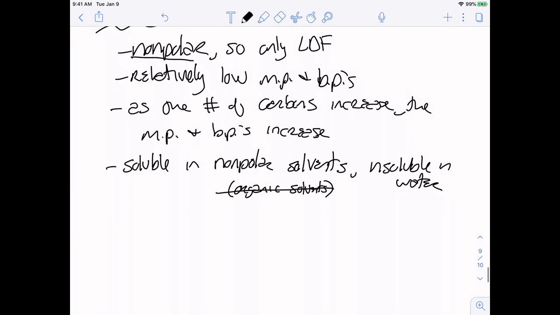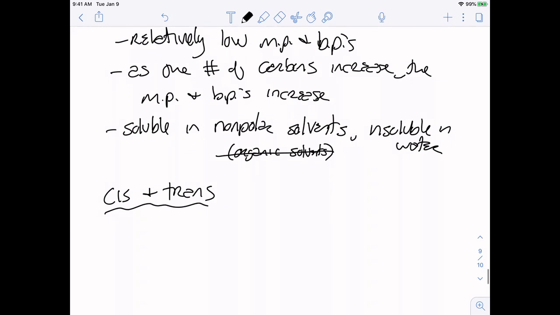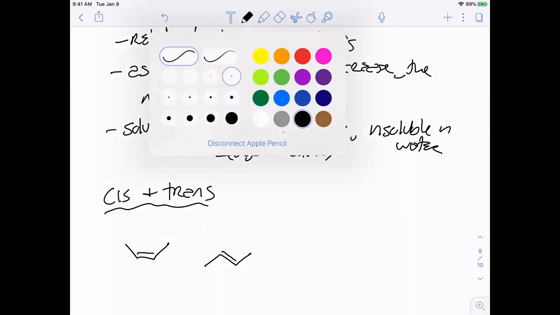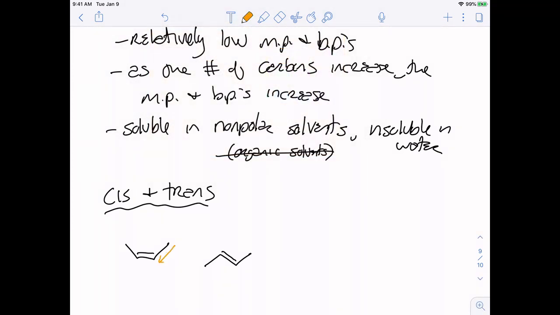There is an interesting difference seen between cis and trans isomers. If I was to draw a cis version of 2-pentene and then our trans version of 2-pentene, there is actually a small dipole. It's kind of weird because it's between carbon and carbon, but the carbons that have the double bond are considered slightly more electronegative because of those pi electrons. So you can think of this as having a slight dipole, right?